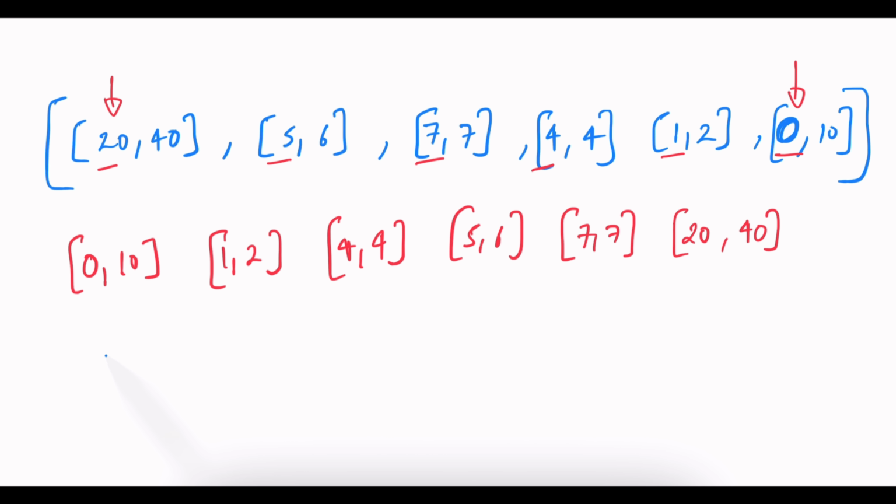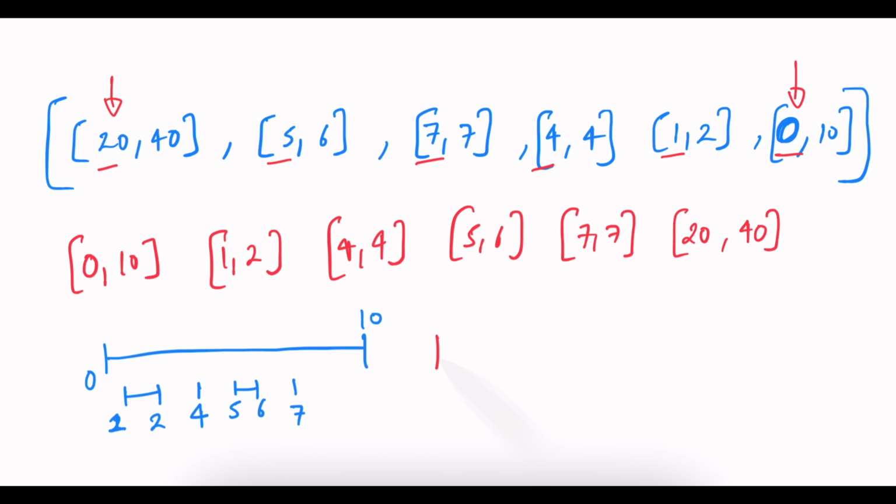So this is going to be 0 and 10, and then 1, 2 would be somewhere here, and then 4 will be somewhere here, then 5, 6, and then 7, and then 20 would be somewhere here.